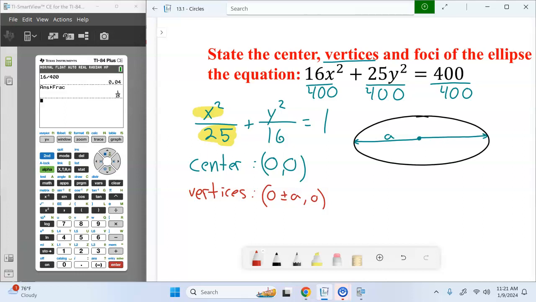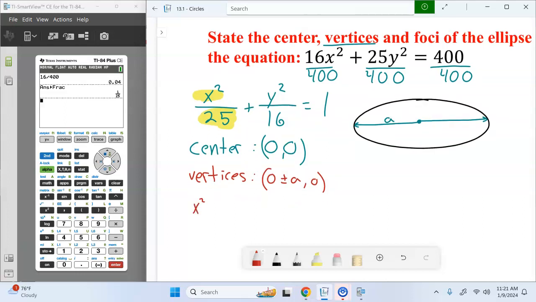So let's go ahead and look at what our A value is. Comparing this to our formula, x squared over a squared plus y squared over b squared, where do I look to find A? So 25 is a squared.